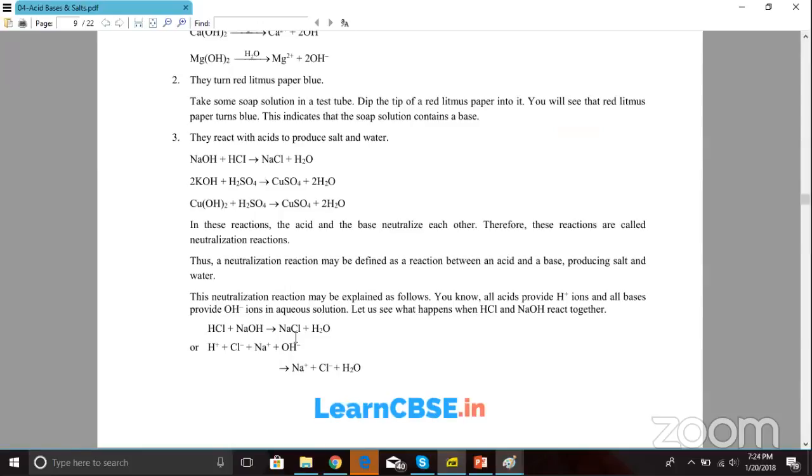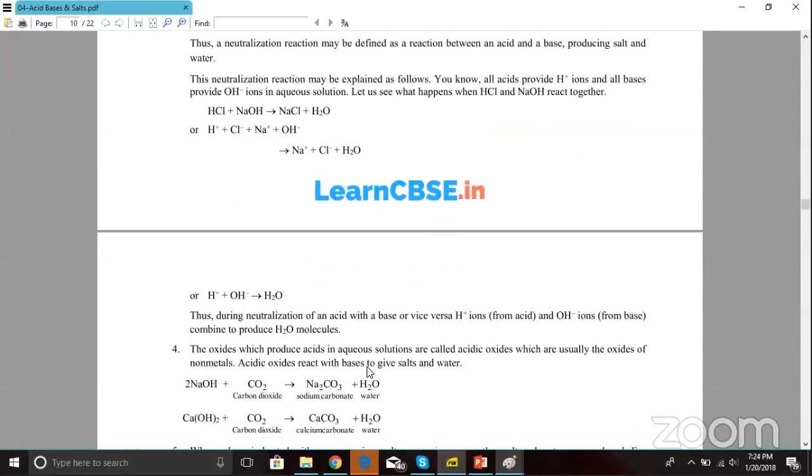NaCl is the salt, so it splits into Na+ plus Cl-. Water is a liquid, so it will not dissociate, so we keep H2O as such. What ions are common? Na+ and Na+, so we cancel out. Cl- we cancel out.